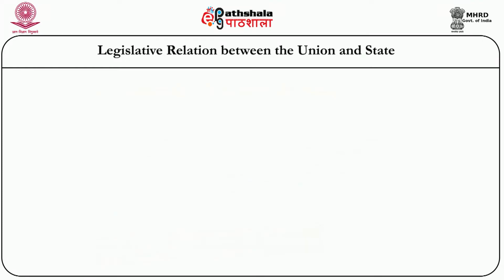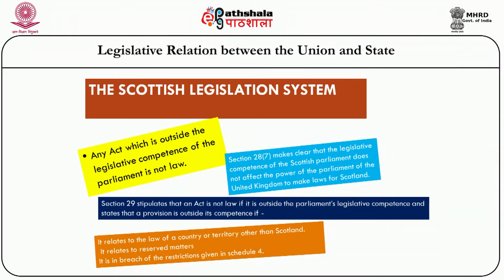To explain the Scottish system, the Scottish Parliament has the power to make acts of the Parliament which should be within the sphere of competence laid down in the Act, and any act which is outside the legislative competence of the Parliament is not law.